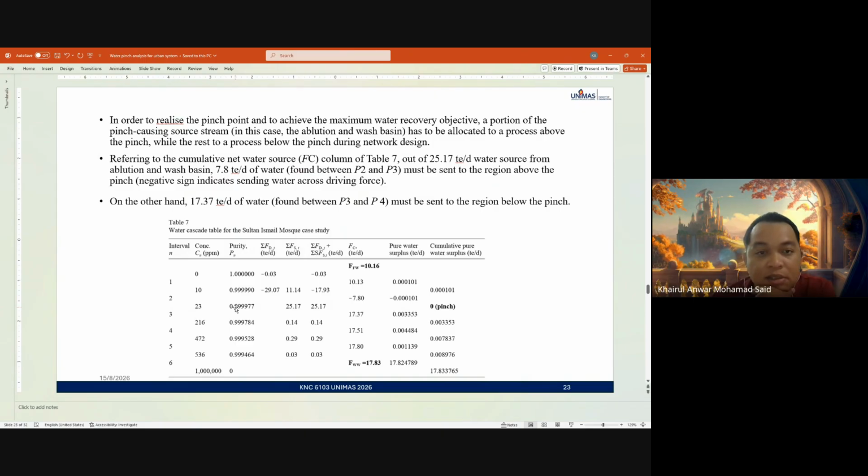Negative signs indicate sending water across the driving force. On the other hand, 17.37 of water found between P3 and P4 must be sent to the region below the pinch.